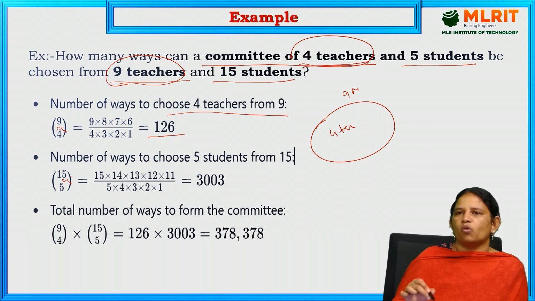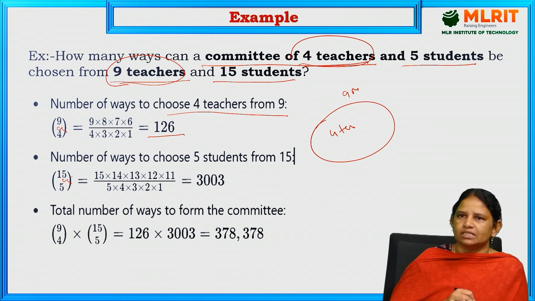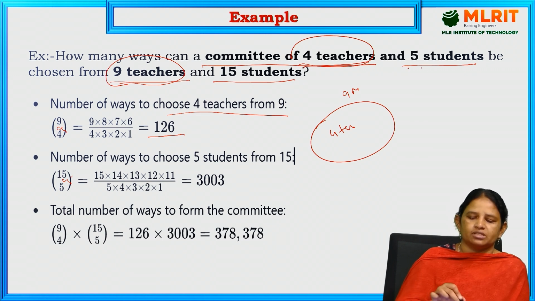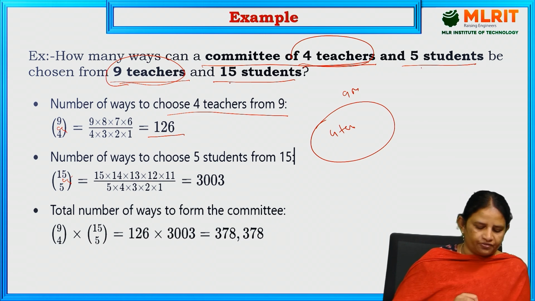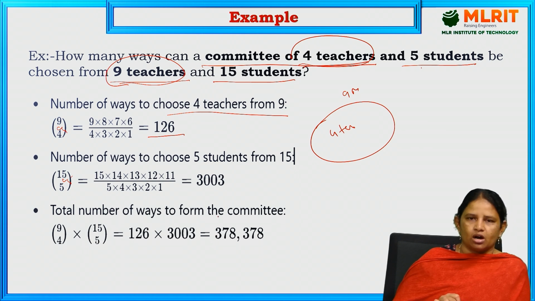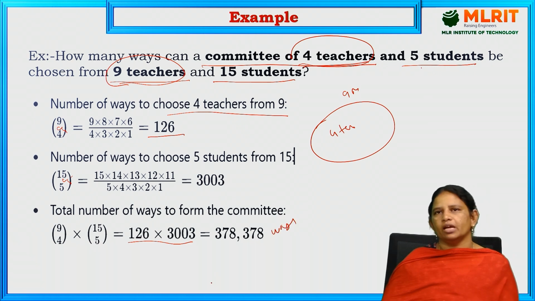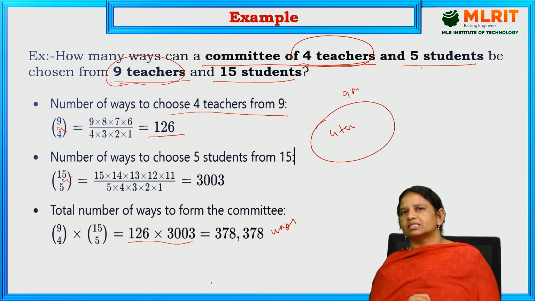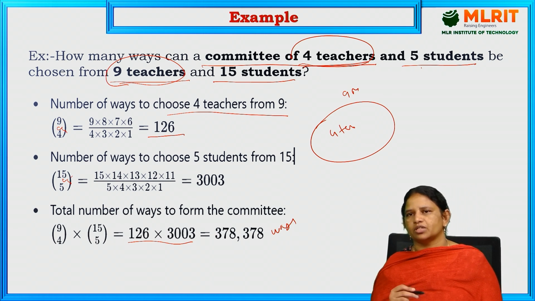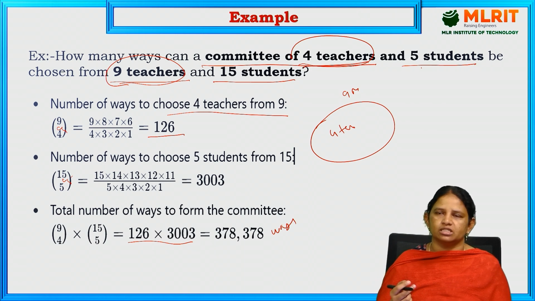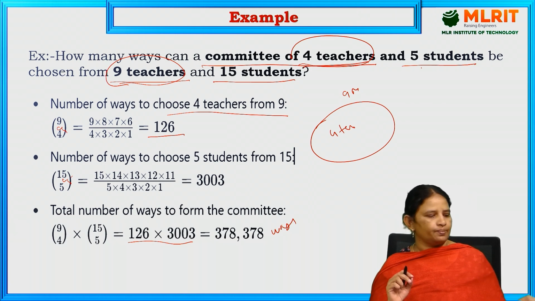The 4 teachers can be selected in 9C4 ways and the 5 students from 15 students in 15C5 ways. The total number of ways to form the committee is 126 into 3003, so we get 378,378 ways to form the committee with 4 teachers and 5 students from 9 teachers and 15 students.